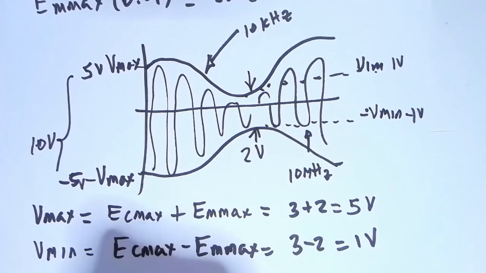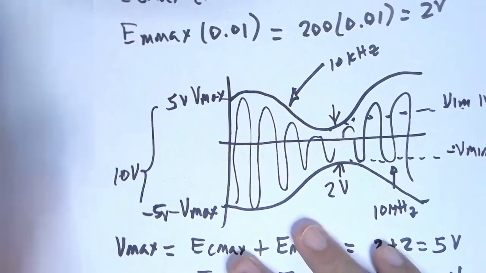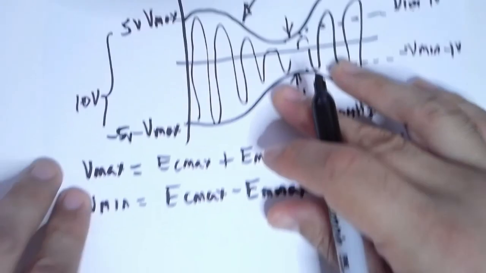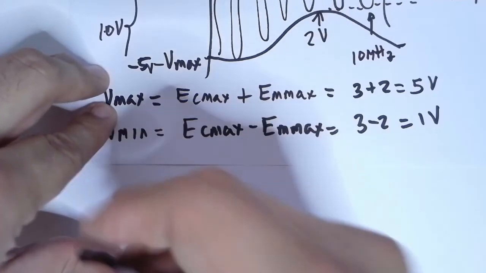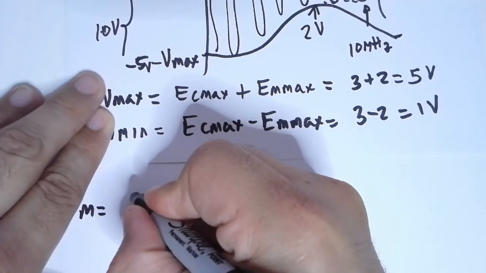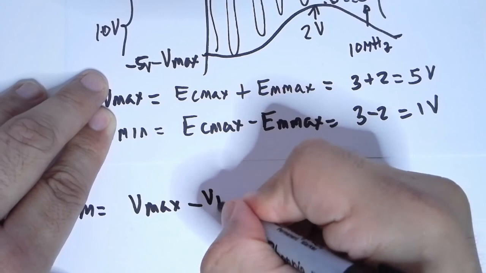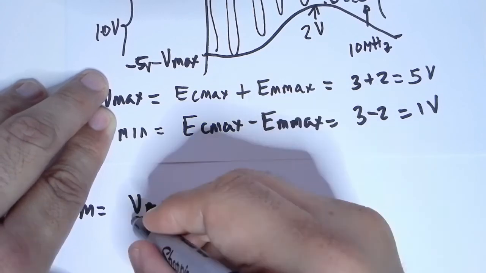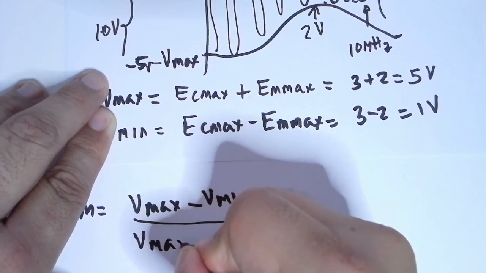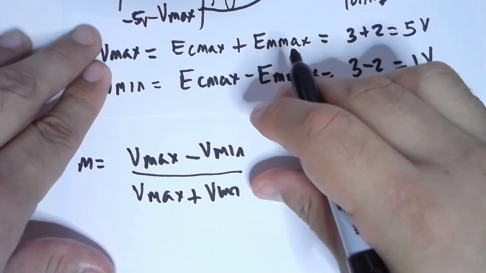The modulation index can be calculated also by the difference between Vmax and Vmin over Vmax plus Vmin.